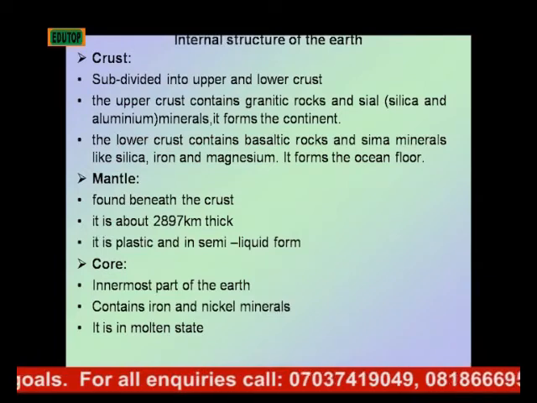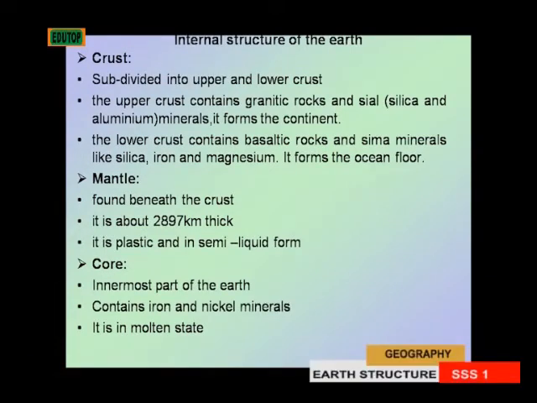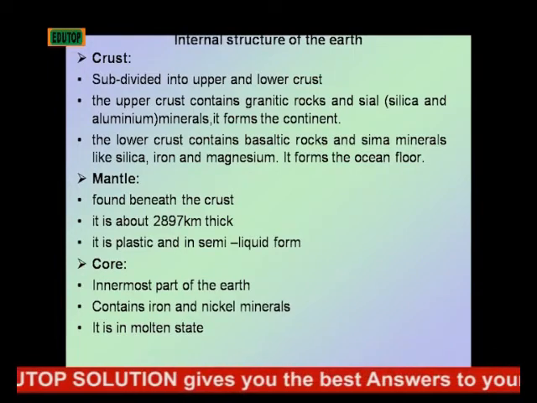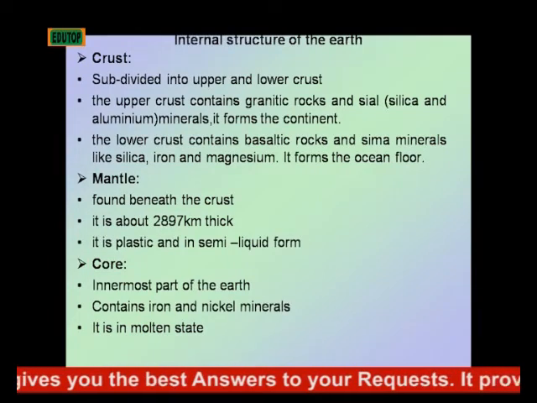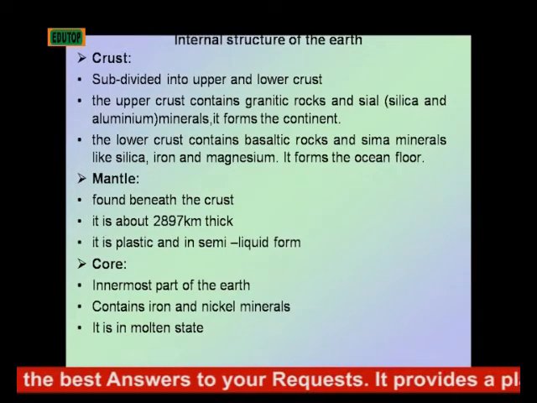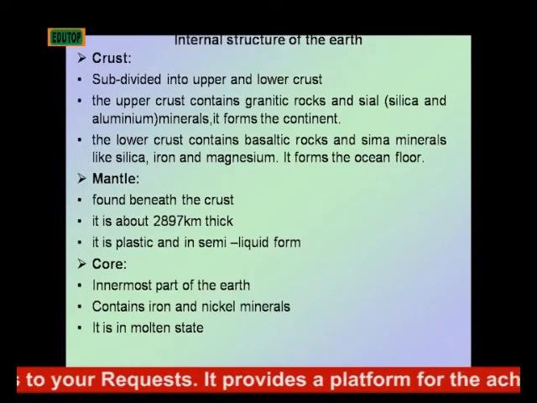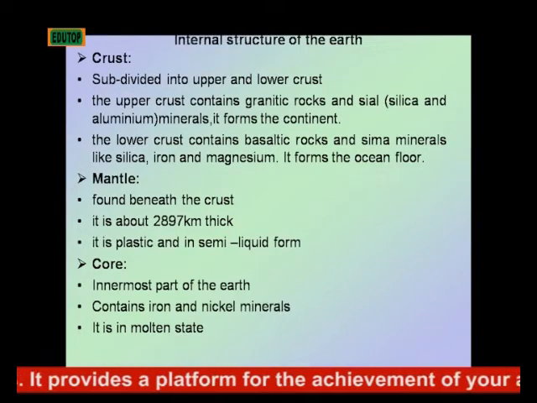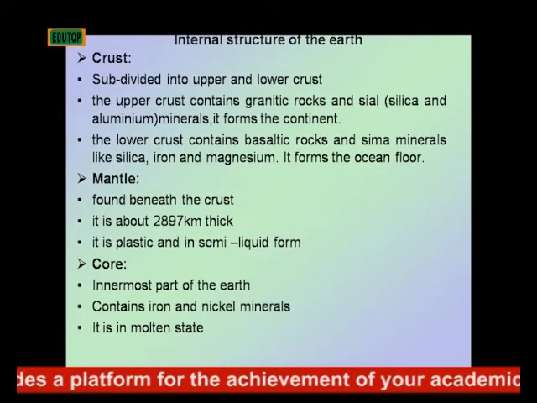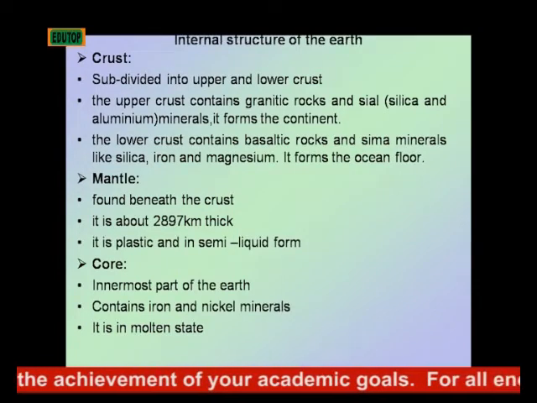And sial minerals are minerals that contain silica and aluminium. We also have the lower crust, which contains basaltic rocks and sima minerals. Sima minerals like silica, iron, and of course we have magnesium. And this is usually commonly found in ocean floors.